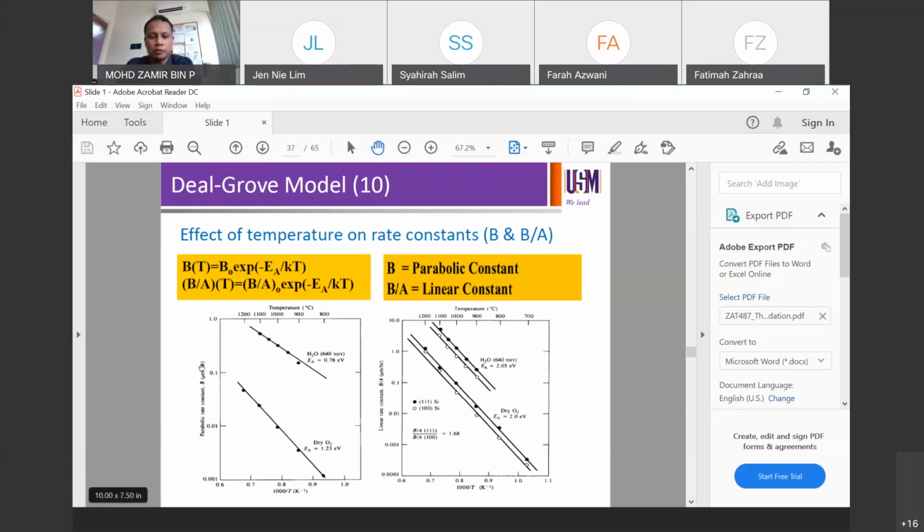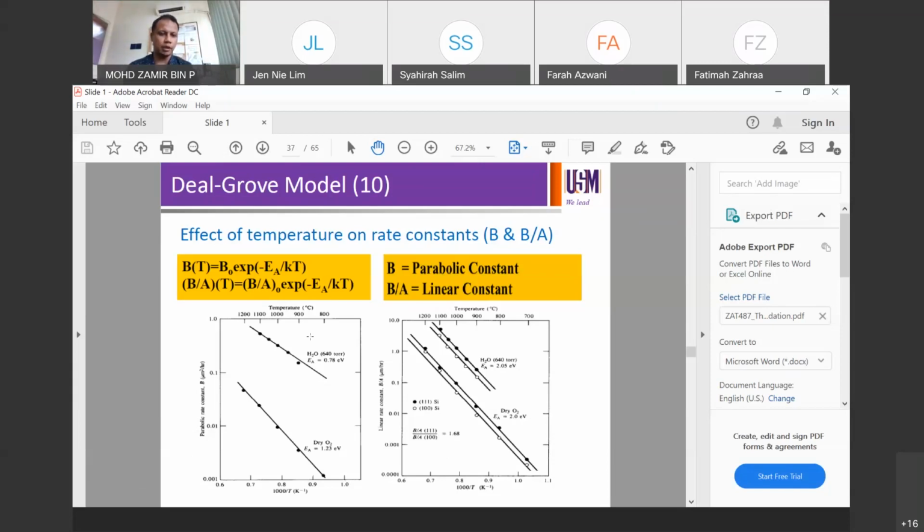So your constant will change with temperature. Then when you want to run your process, you need to know, for example, if you look at 900 degrees C, let's look at the left graph, parabolic rate, 900 degrees C. Look at the difference between wet ox for H2O and dry ox.